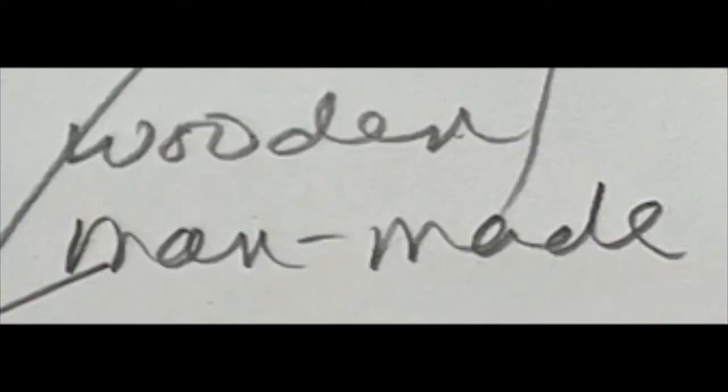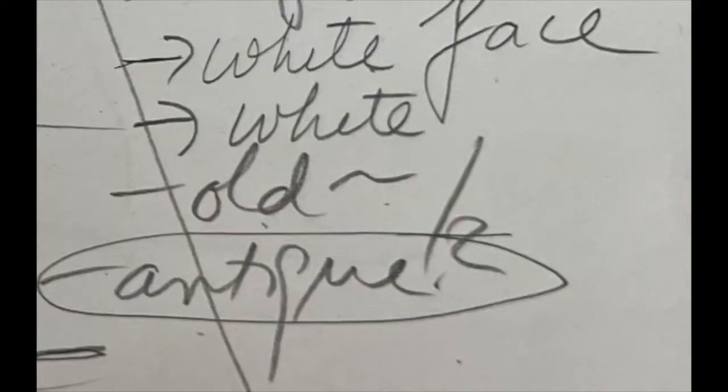Okay, so she writes wooden, which a real piano would be, man-made. So that's a hit. White face. So most of the keys are white on the face of the keyboard. Old and antique. And again, if it was a real piano, it might be antique, but it's an artificial plastic version of it. Yeah, we have to be careful that if they have something that's wrong, we say, yes, that is wrong.